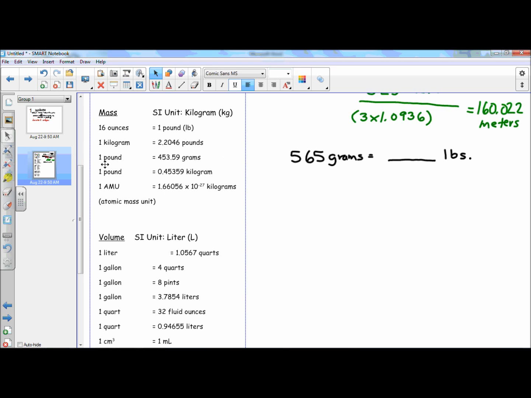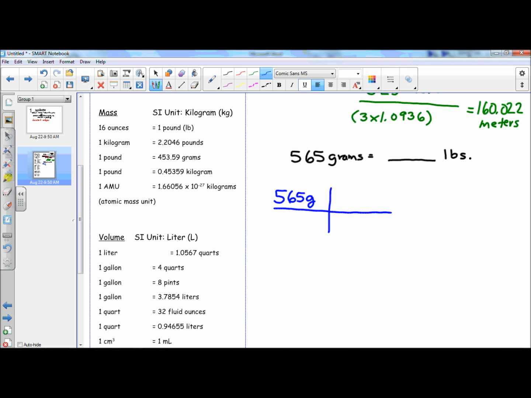You look right here and it says 1 pound is 453.59 grams. So in this case, I have a single relationship, so I'm only going to need to set up my problem with a single box.